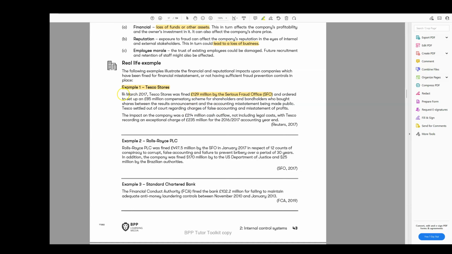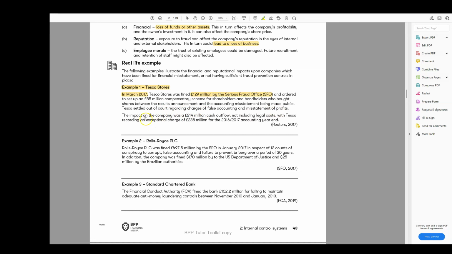So basically in 2017, Tesco prepared the financial statement and they overstated the profit. They shows a lot of profit on the financial statement, but actually they don't have this amount of profit. And when the auditor find this thing and SFO, they give a lot of penalty to Tesco. Tesco settled out of court regarding the charge of false accounting and the misstatement of the profit.